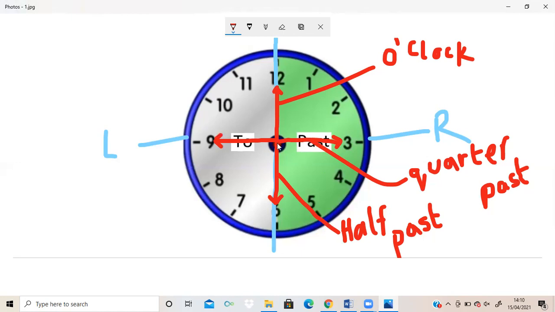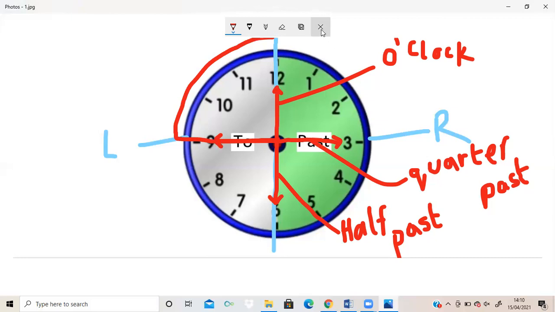This time the minute hand is pointing at 9, and you can see one quarter left to get the full hour. This is one quarter of the whole circle, which means 15 minutes left to get the full hour. That's why this time will be quarter to the hour.